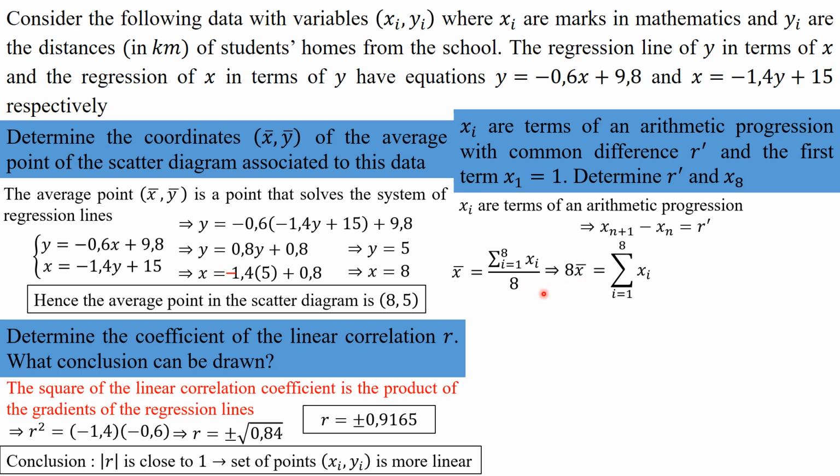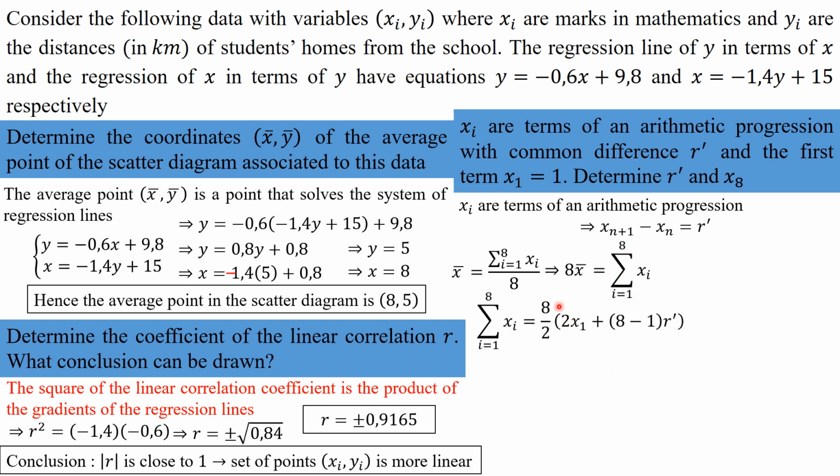So multiplying both sides by 8, we get 8 x bar to be the sum from i equal to 1 to 8 of xi. Now we need to look for this sum. This sum is simply the sum of the terms of an arithmetic progression, because xi are the terms of an arithmetic progression, and we know how to sum an arithmetic progression given the first term, the common difference, and the number of terms. We have 8 terms here because we are going from 1 to 8.